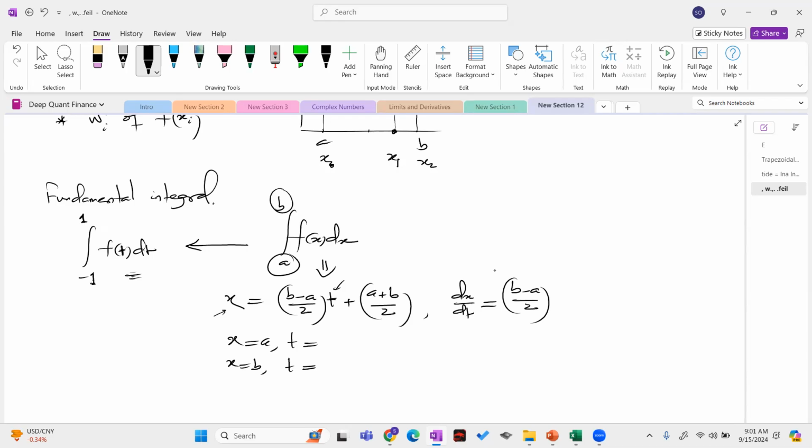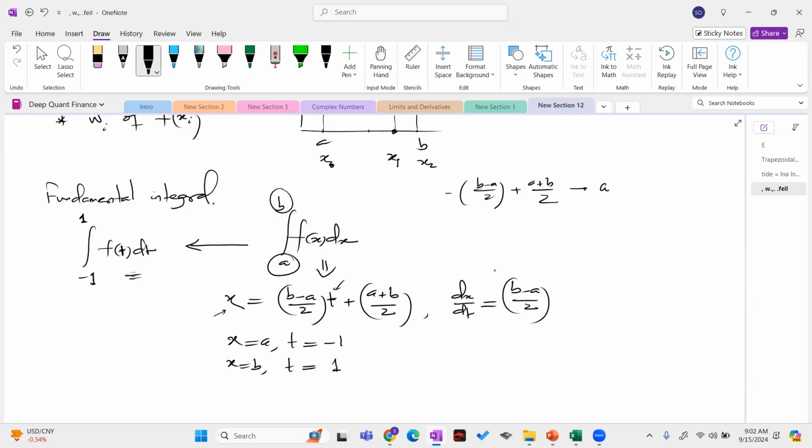You can do it on your own, but let me give you the number. t is actually -1. It's probably easier to put t equal to -1 and verify. You get minus (b minus a) by 2 plus (a plus b) by 2, which leads to a, correct? If you put t equal to +1, you can clearly see that the a by 2 terms cancel, and you get b by 2 plus b by 2, which is b.